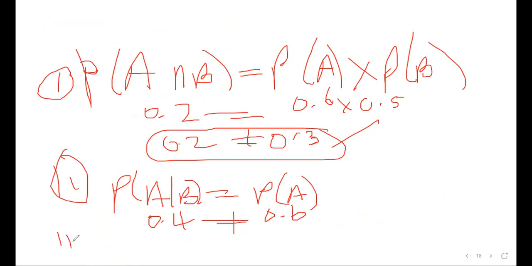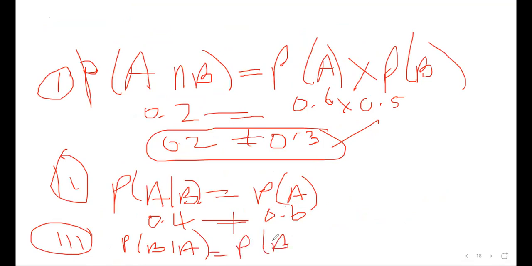The other way, similarly, probability of B given A should be equal to probability of B if events are independent.